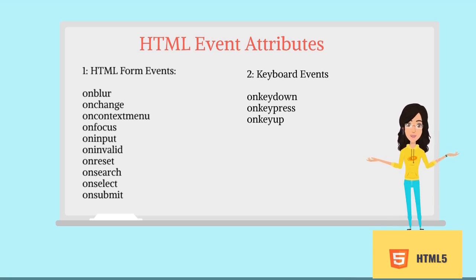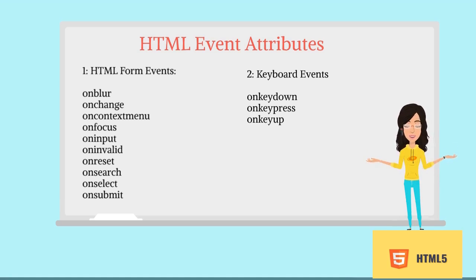Oncontextmenu, script to be run when a context menu is triggered. Onfocus fires the moment when the element gets focus. Oninput, script to be run when an element gets user input. Oninvalid, script to be run when an element is invalid.